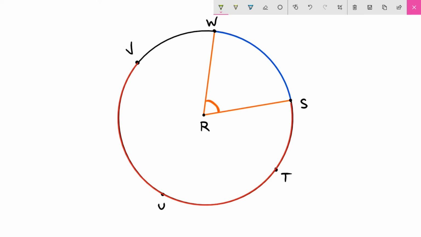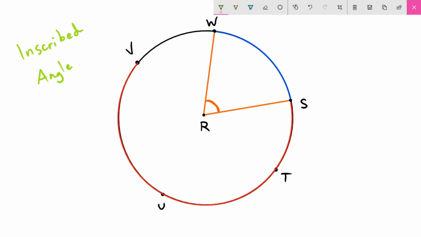All right, next is going to be inscribed angle. An inscribed angle is an angle created by 2 chords whose vertex is on the circle.